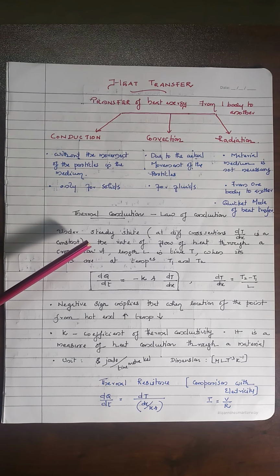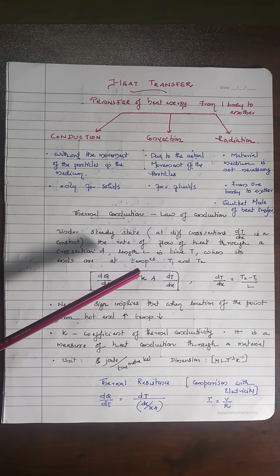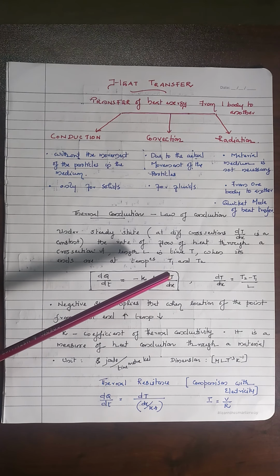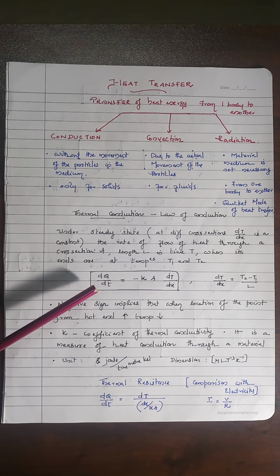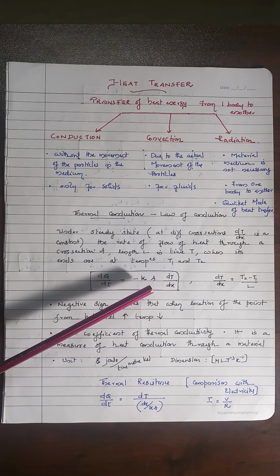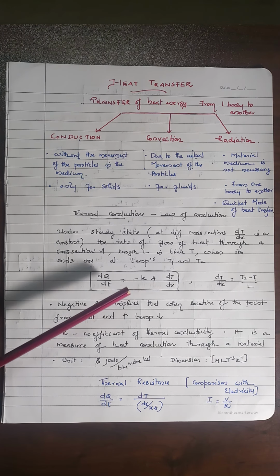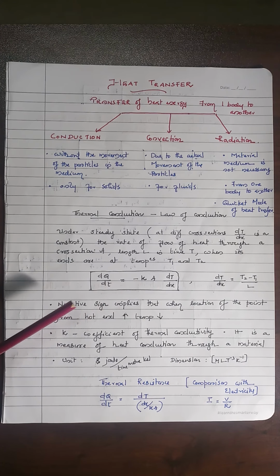At that condition, the rate of flow of heat through a cross section A, length L in time T, when its ends are at temperatures T1 and T2, we can say the rate of flow dq by dt is proportional to the area of cross section and to the temperature gradient, and that proportionality constant is called the coefficient of thermal conductivity. And keep in mind, it depends purely on the material, not on the dimensions.